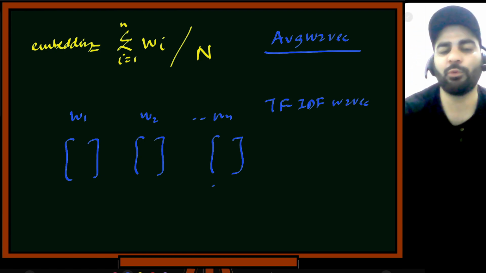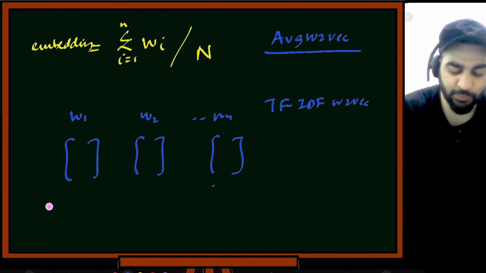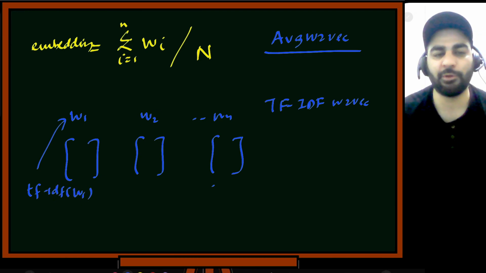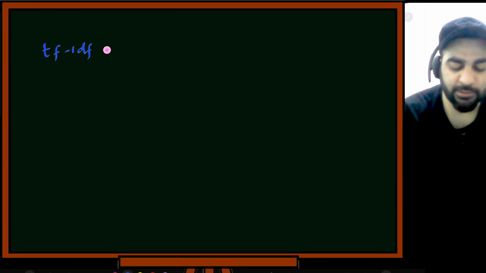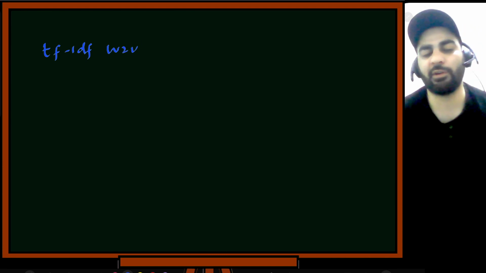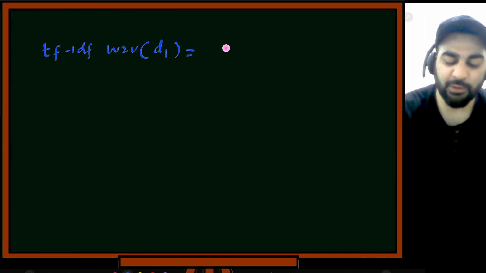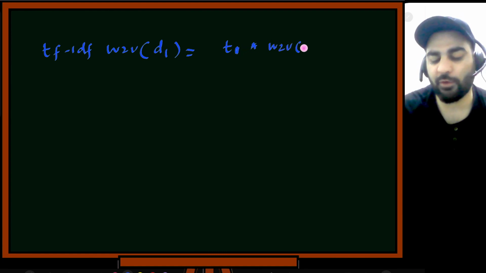After that, you will compute the TF-IDF of each of these, so this is W1, you will compute TF-IDF of W1, and you will compute TF-IDF of W2, and then you will multiply with the Word2Vec. So if I write TF-IDF Word2Vec of, let's suppose, some document 1, it will be something like this: you will take term frequency of word 1, let's suppose that's T1, and then the Word2Vec of W1.